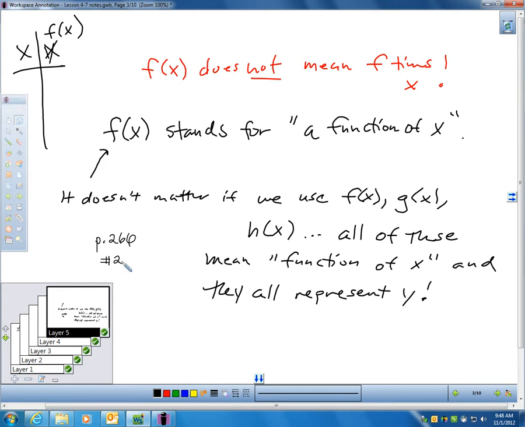You will see symbols like g of x equals x plus 5 in 23, h of x equals 6 plus x in 24, q of x equals x minus 1 in 25. Every one of those just means the same thing as f of x. It stands for a function of x.